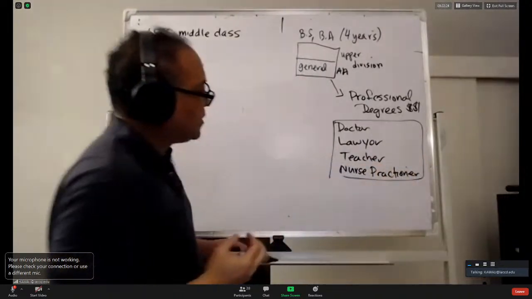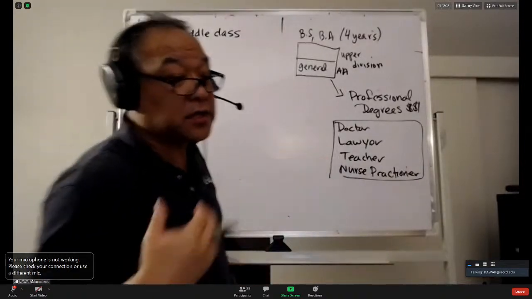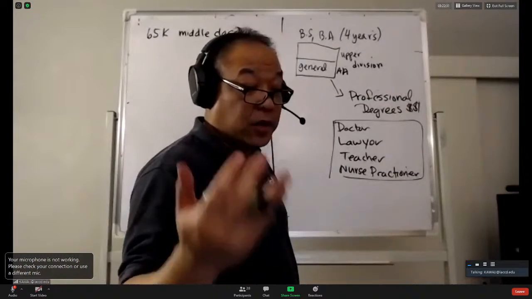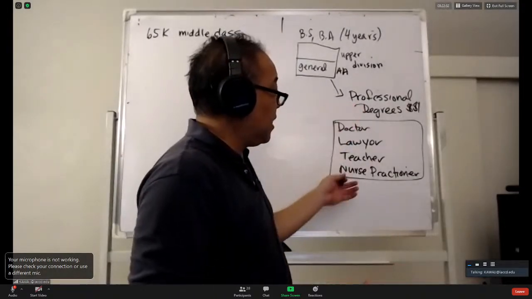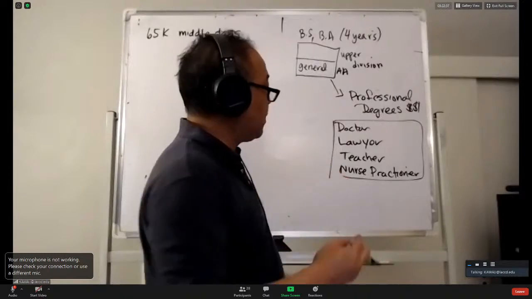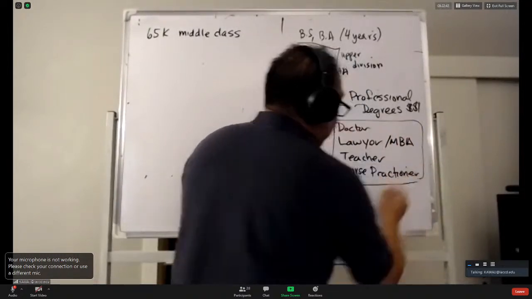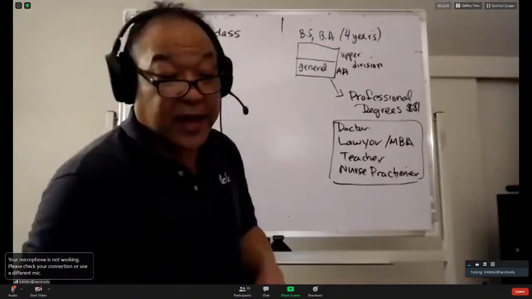Certain ones really pay for themselves. Like if you're a nurse practitioner, it seriously ups the amount of money you get. If you become a nurse practitioner very early in your career, it really bumps your salary. Now the problem is lawyers and MBAs normally don't pay for themselves.